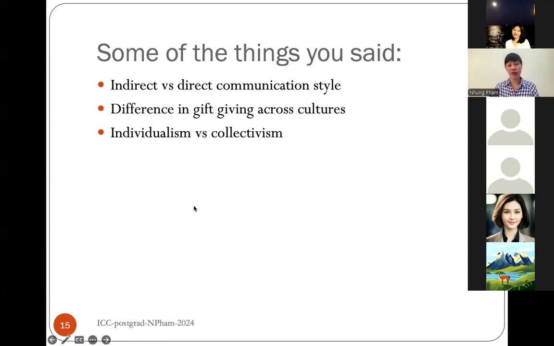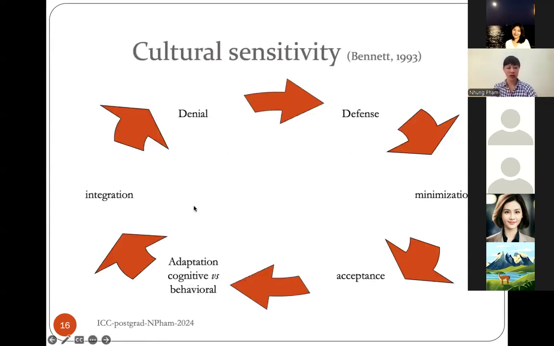There are a lot of examples that we can talk about probably tomorrow night in the next session. It shows in all aspects of our lives, related to interculture, related to collectivism.